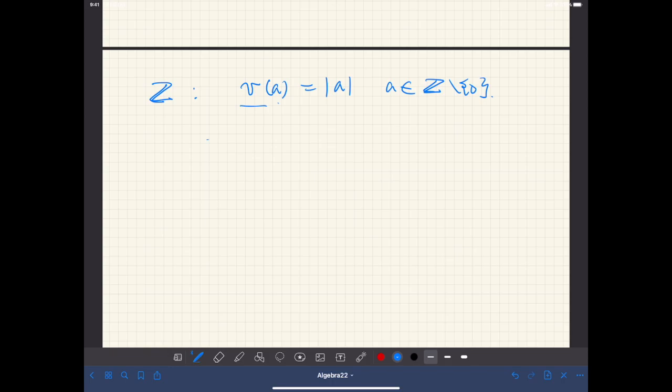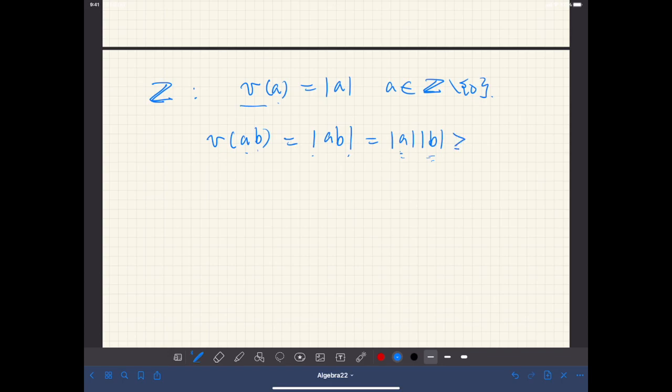First of all, we have V of AB, and we are assuming A and B are not 0. By definition, this is the absolute value of AB, but this is equal to the product of the absolute values of A and B. But since A and B are non-zero integers, both of them are greater than or equal to 1.